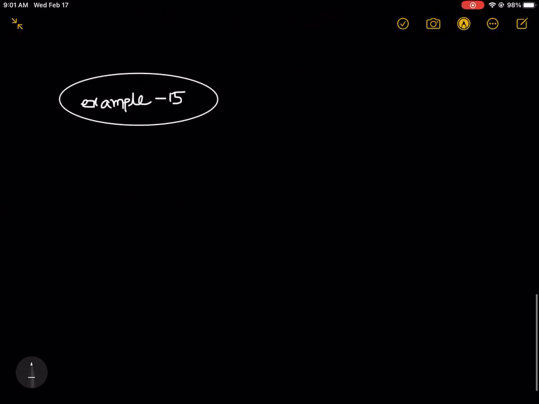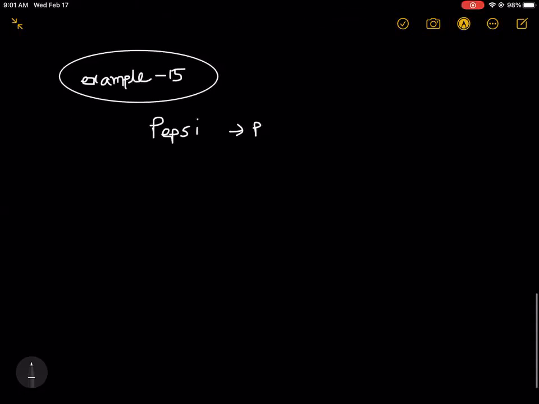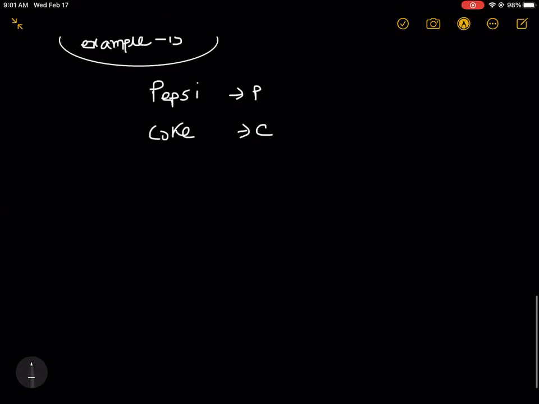So next we have, it says, I like Pepsi or I like Coke. Okay. So let's denote Pepsi by P, and let's say Coke is denoted by a capital C. Now the first statement says, I like Pepsi or I like Coke.